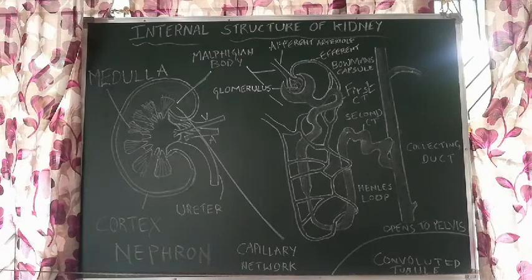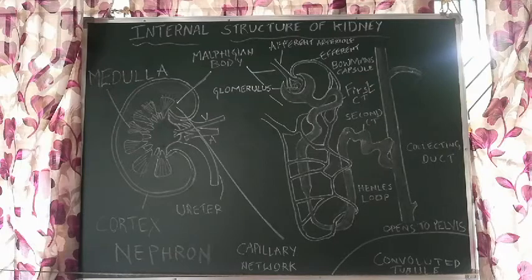What are the ions? K plus, Na plus and Cl minus, H plus. So these are sent out. So now the urine in the tubule has all the waste products present in the blood, means urea, uric acid, creatinine, everything is present.